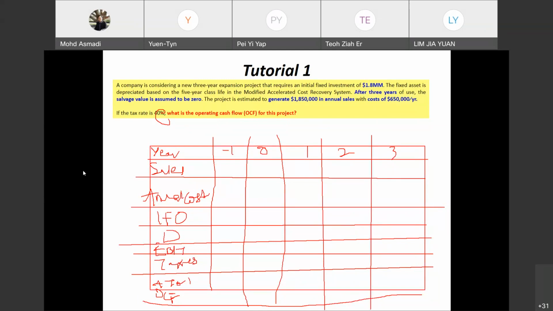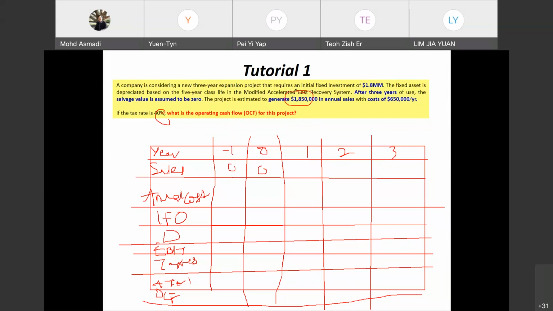So this is 0. There's no C, right? And then this one. What else?